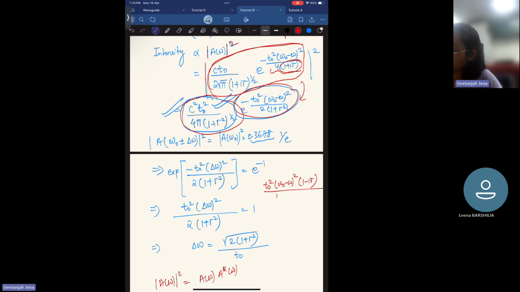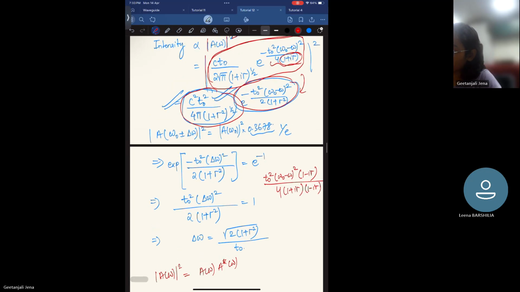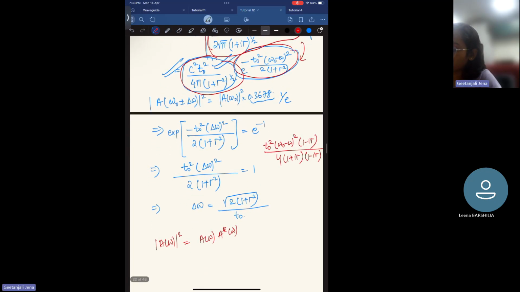So in the denominator, we have now 1 plus i gamma, 1 minus i gamma, right? So this is just to take the complex conjugate so that this expression will be easier.